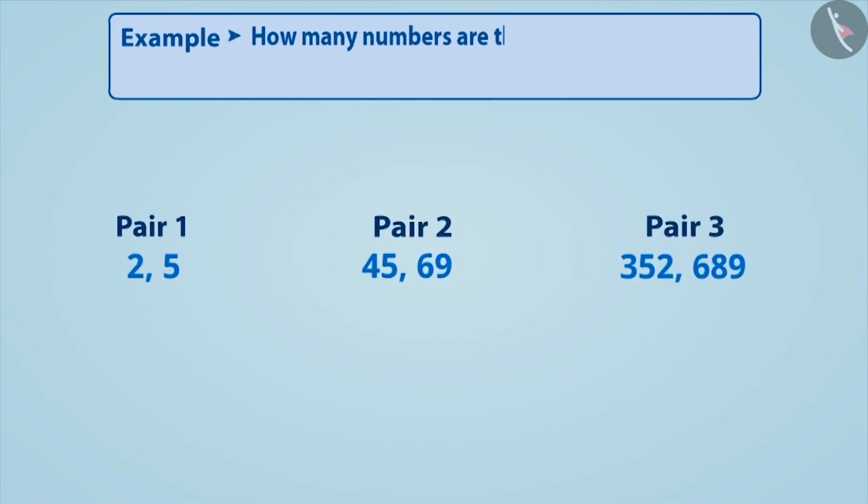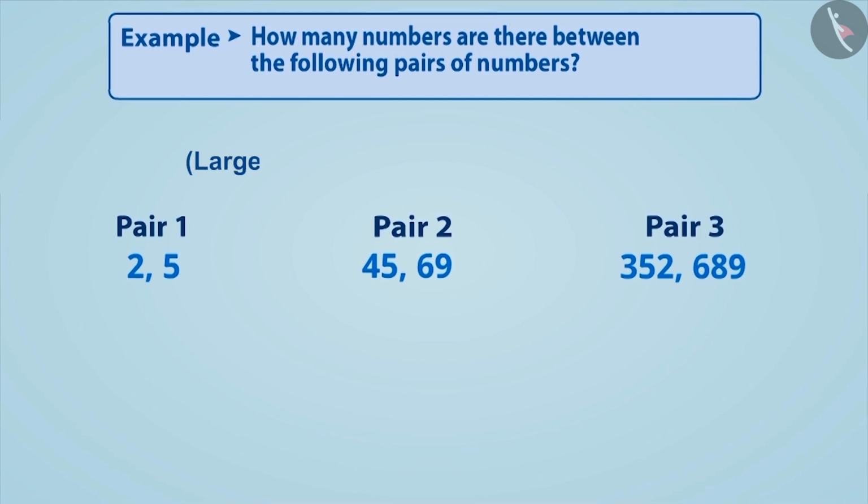Next example. How many numbers are there between the following pairs of numbers? To know how many numbers are there between any two whole numbers, first, we have to subtract the smaller number from the larger number and then subtract 1 from the result.